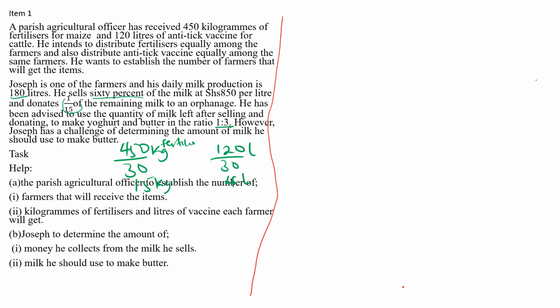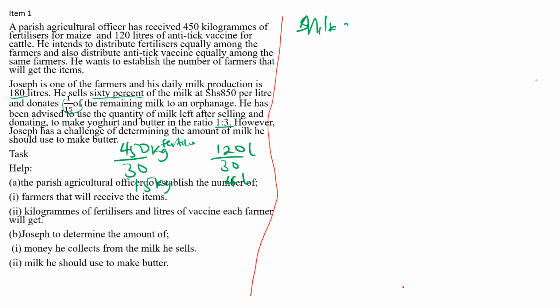So here they are saying, part B, Roman 1, help Joseph to determine the amount of money he collects from the milk he sells. And here from the question they are saying he sells 60% of the milk at 850 shillings each liter. So here we shall come and we say milk sold.